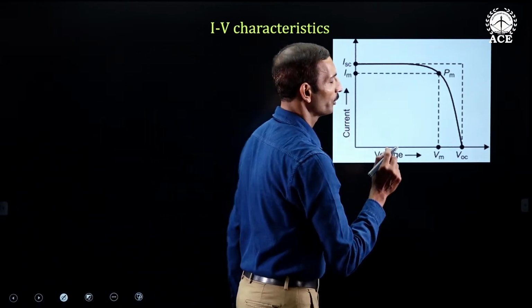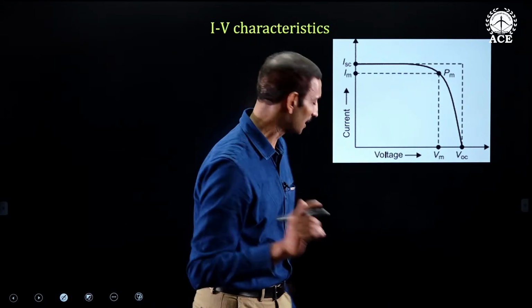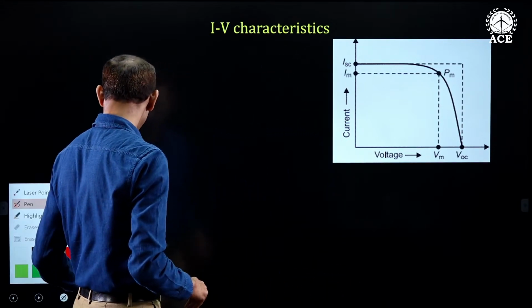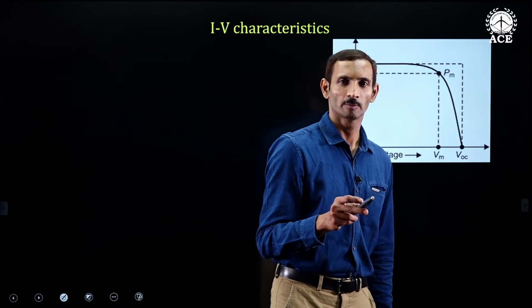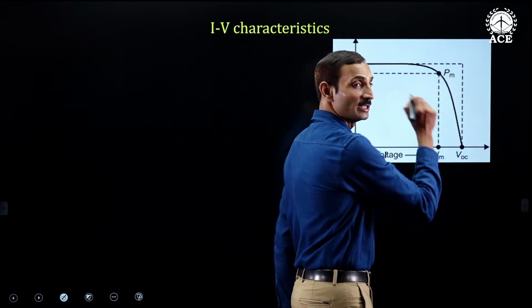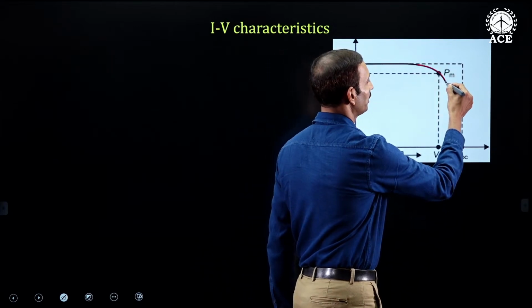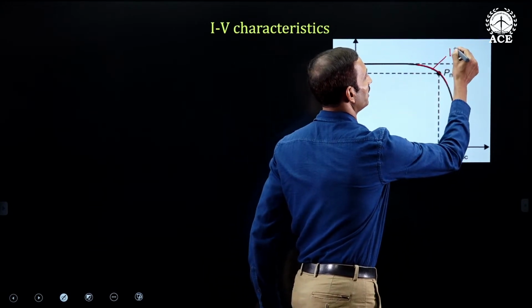Now we are going to consider the maximum power point. The maximum power point is nothing but the point which would consist of maximum values of voltage and current, because we know power is the product of voltage and current. This exists exactly at the knee of the graph. As you see, this one is like a knee.